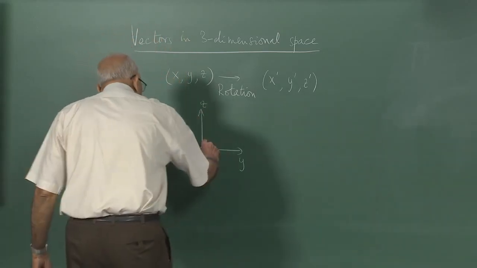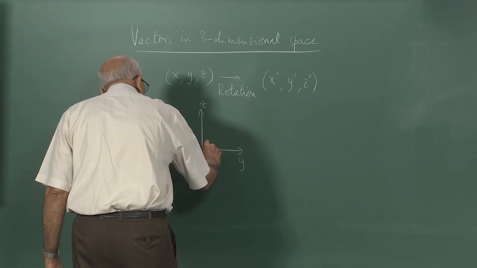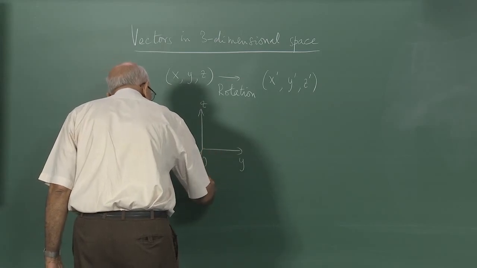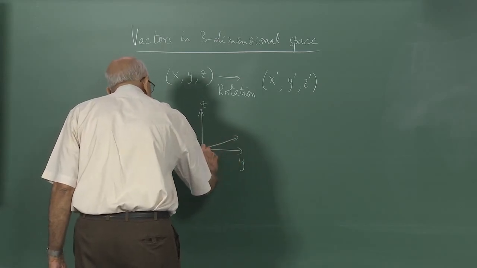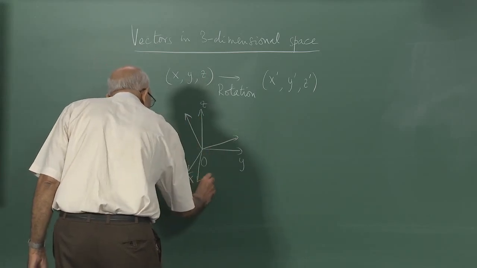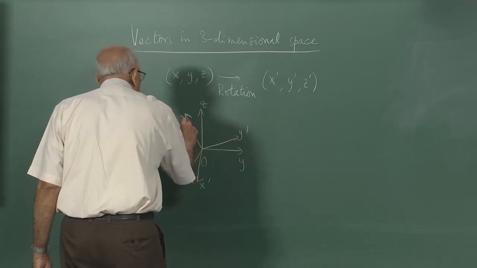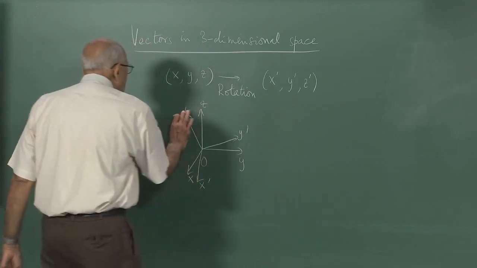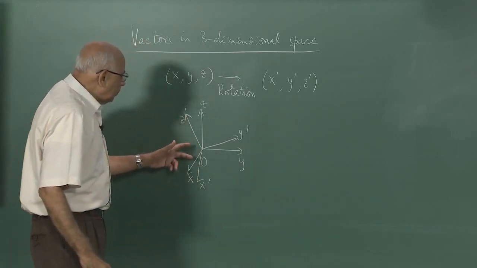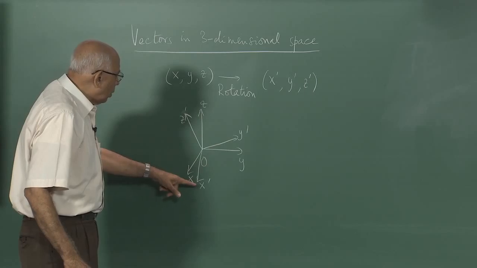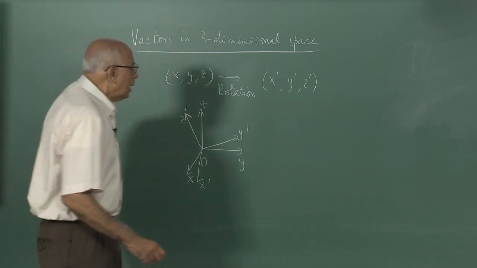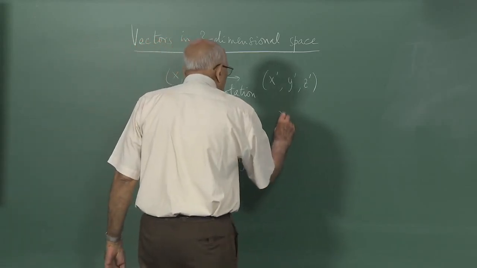So if you had another coordinate system which perhaps looked like this, and that was x prime, this is y prime and that is z prime, then there is a formula which connects these 3 new coordinates to the old coordinates, and in symbols this is written in the following way.